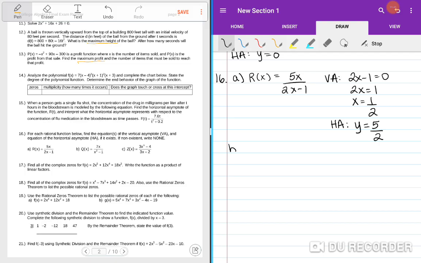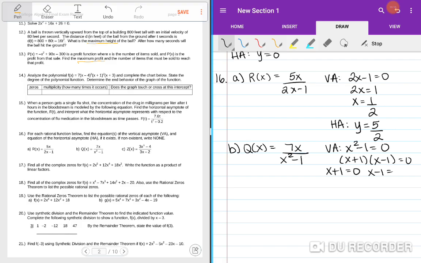For B, q of x equals 7x over x squared minus 1. So my vertical asymptotes, set your denominator equal to 0. If I factor that, then x plus 1 equals 0, x minus 1 equals 0. We get x equals -1 and x equals 1.